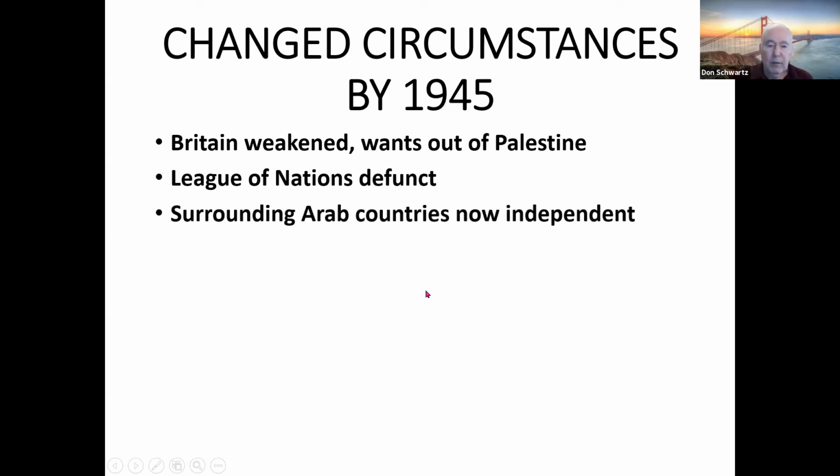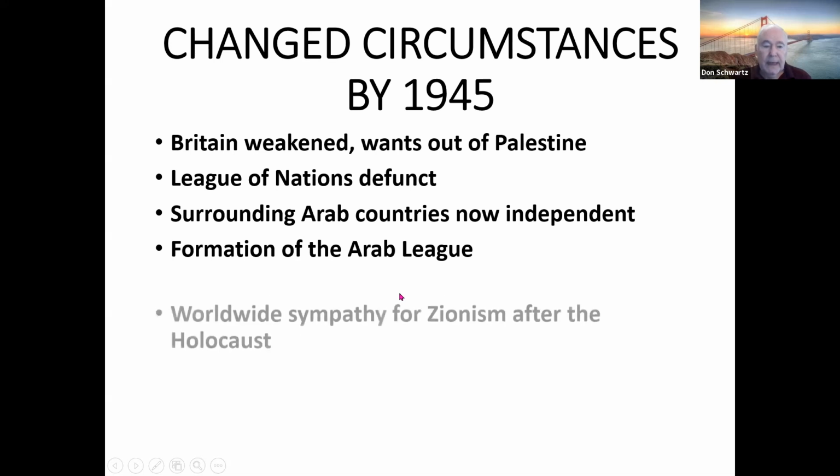These Arab countries that surrounded Palestine were independent by 1945, and some of those countries formed the Arab League, which was a confederation of Arab countries united in causes that were of great interest to Arabs.